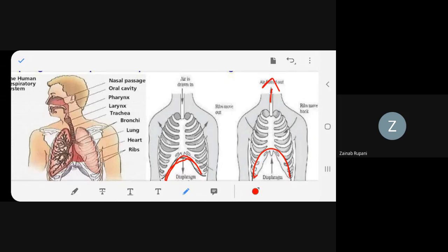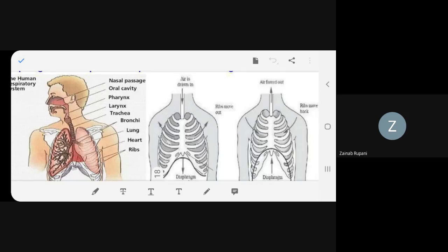Look, it's narrow here, and it's broad here. And the diaphragm is pushed up. Here the diaphragm comes to its normal position, whereas in this case the diaphragm is pushed up, so that the lungs squeeze the carbon dioxide out of the nose.